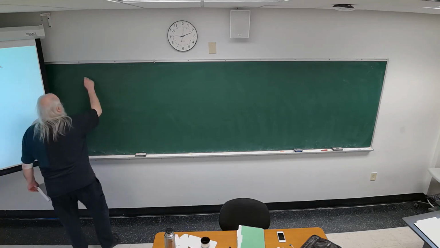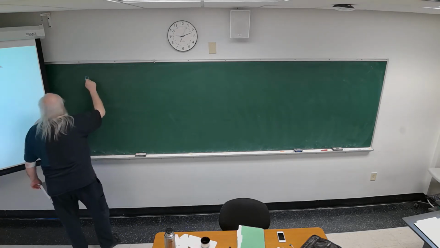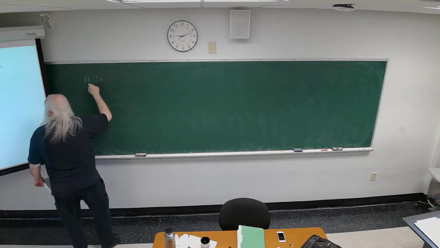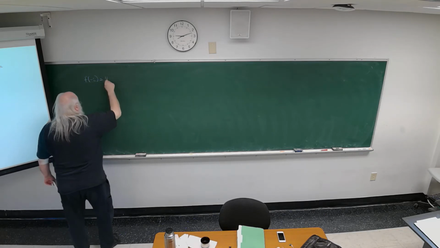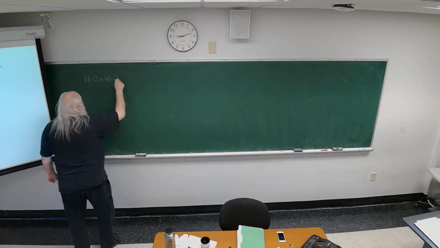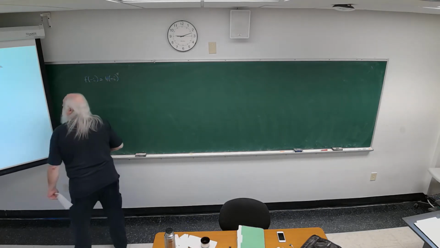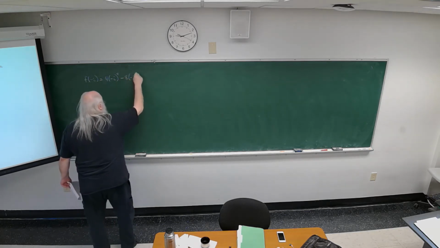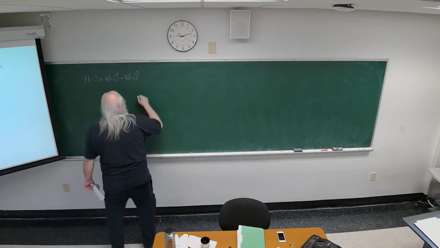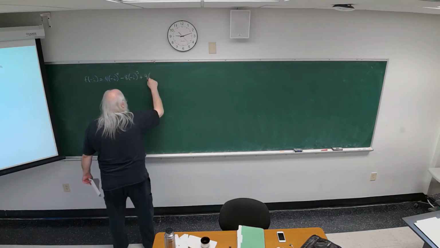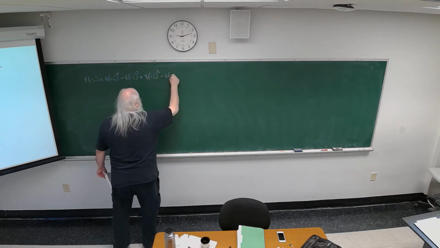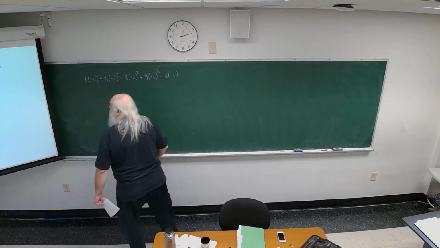All right, so first step, verify that x equals minus i is a zero of the polynomial. So we have f of minus i is equal to 4 times minus i to the 4th minus 8 times minus i cubed plus 9 times minus i squared minus 8 times minus i plus 5.